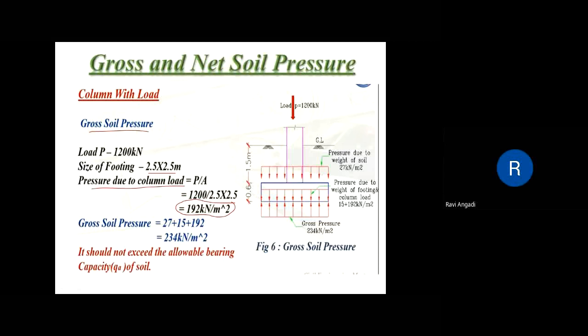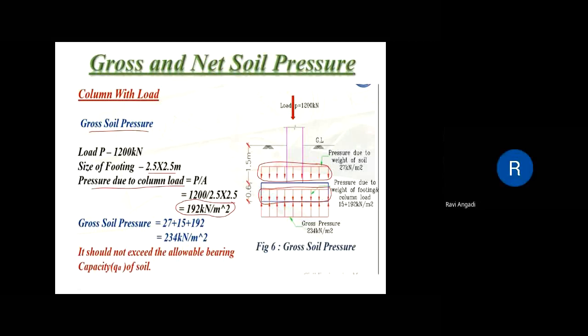And also you have already calculated the pressure due to the weight of the soil. This is the pressure due to the weight of the soil acting on the footing. There are two pressures here. One is the pressure due to the weight of the soil. The other one is the pressure due to the footing as well as the column load.